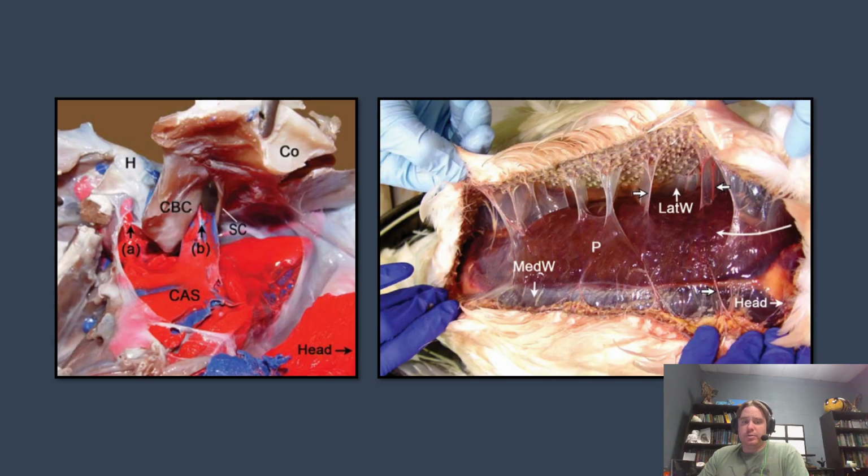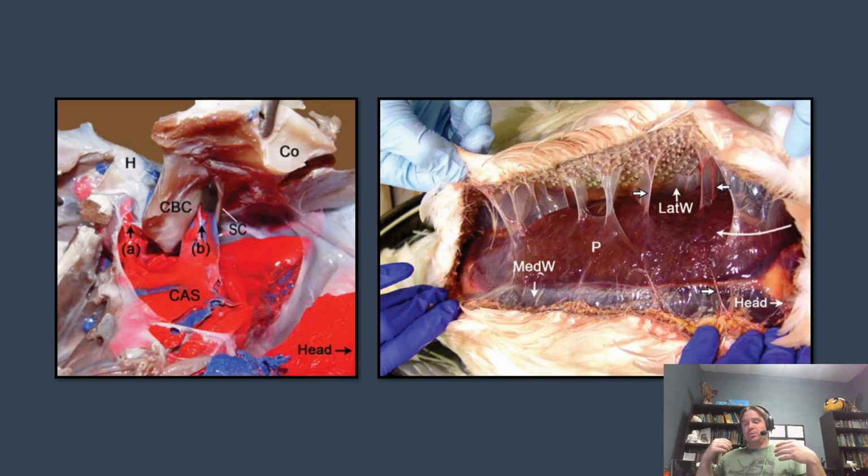Another thing to note is that the clavicular air sac is, and you can't see it here because of the way this bird's been dissected, positioned between the clavicle bones, right? It's in the wishbone, or the furcula of the bird.